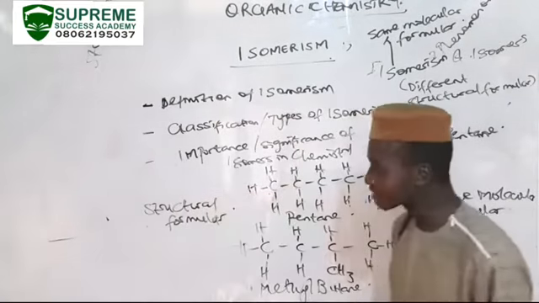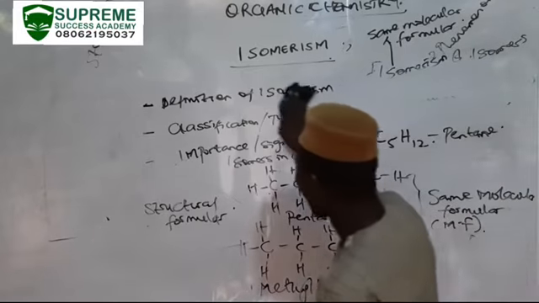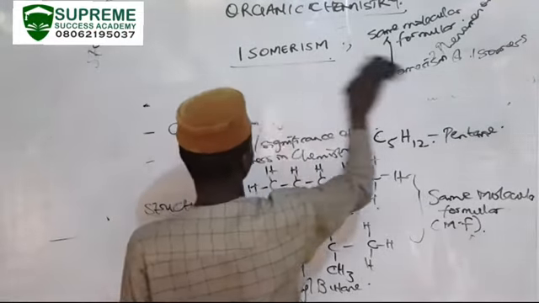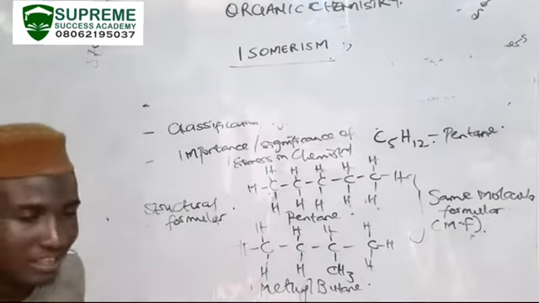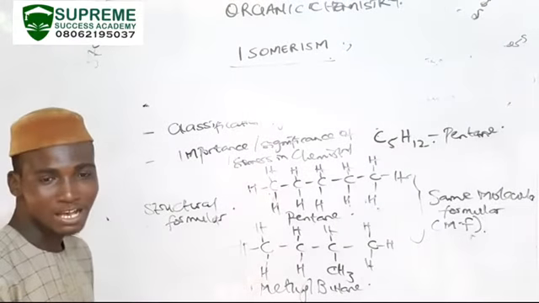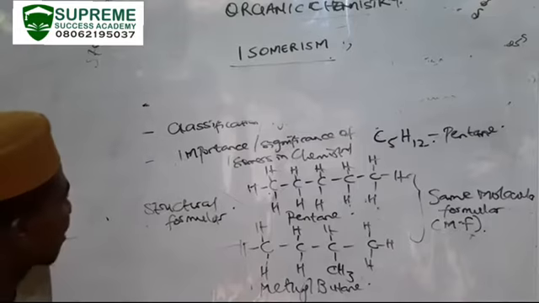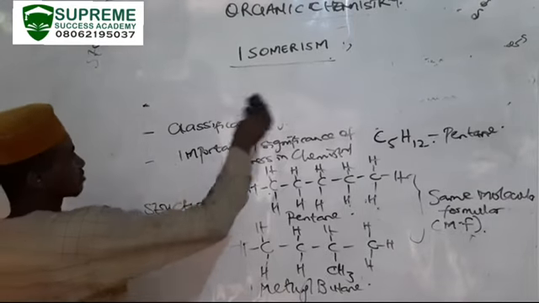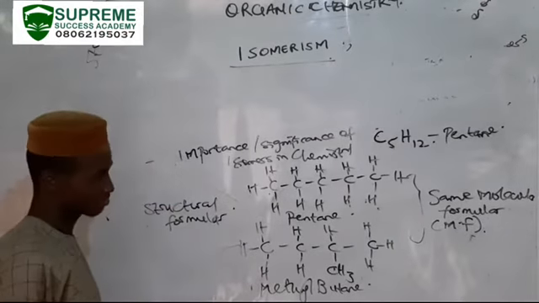So when there's a difference in the spatial arrangement of atoms, we call it stereoisomerism. And when it is just due to a difference in the normal arrangement of atoms, they are referred to as structural isomerism. So that takes us to the next part of this topic, classification of isomers.